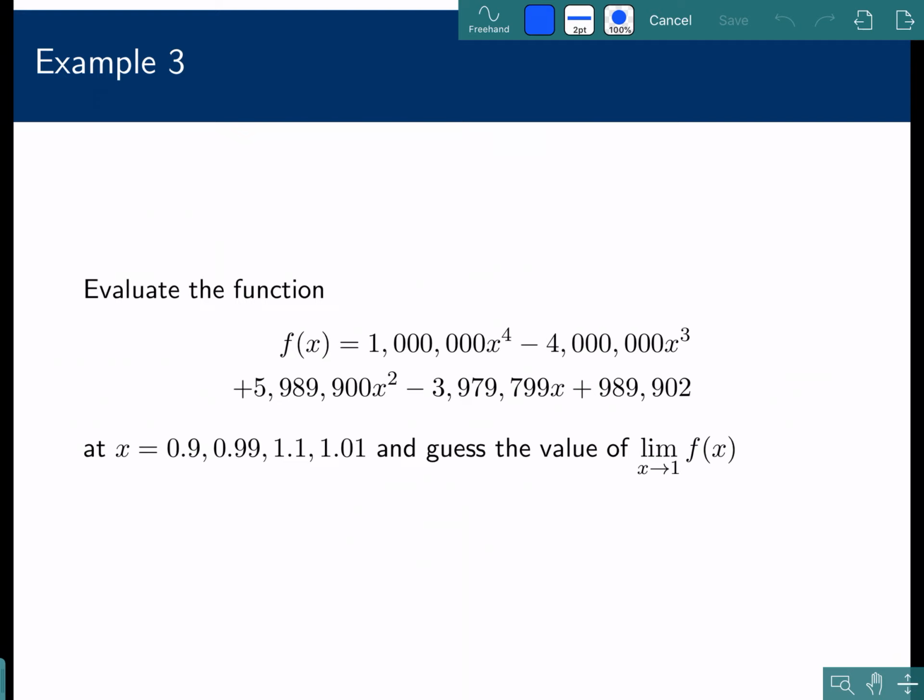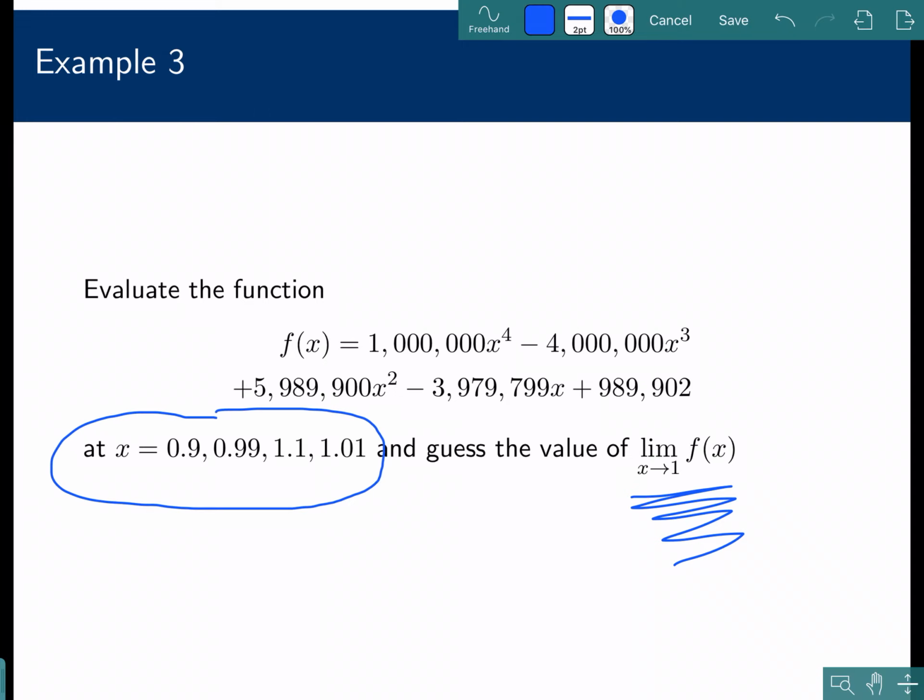And I want to know this. What is the limit as x goes to 1 of f of x? And so I'm going to plug in some numbers. I'm going to plug in to that function 0.9, 0.99, 1.1, and 1.01 to see, perhaps I could guess what that function is getting close to.